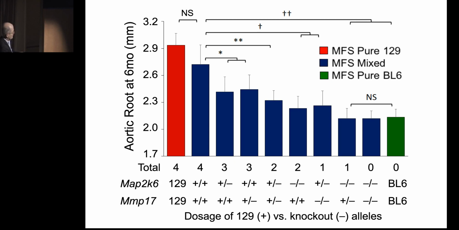We found that in the mixed background, if you selected for null alleles at both of these loci, those animals behaved exactly like the protected black 6 background. If you only selected for homozygosity for normal 129 alleles at both loci, those mice behaved exactly like the predisposed 129 background.